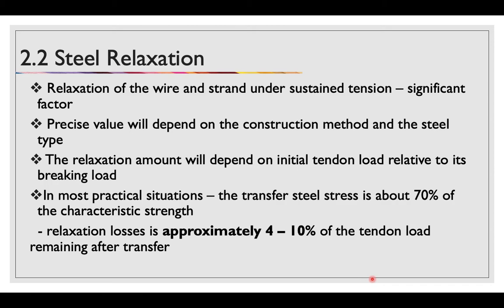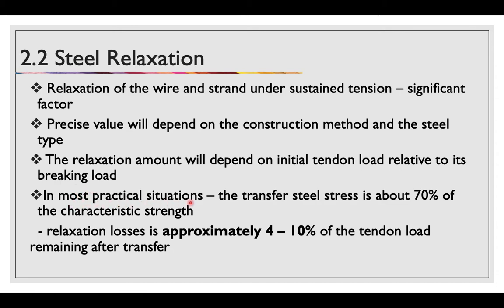Next is steel relaxation. Steel relaxation is the relaxation of wire and strand under sustained tension, which is a significant factor. The precise value will depend on the construction method and the steel type. The relaxation amount will depend on the initial tendon load relative to its breaking load.